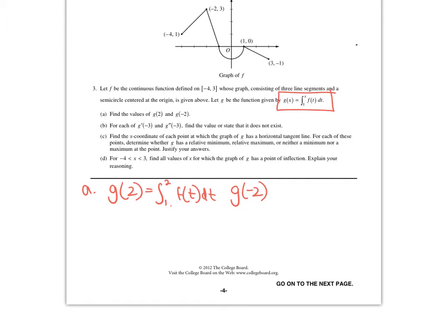And if you look here, from 1 to 2, what shape do we have? A triangle. So that's all we're doing. 1/2 base times height. Okay, what's the base of that triangle? 1. What is the height?